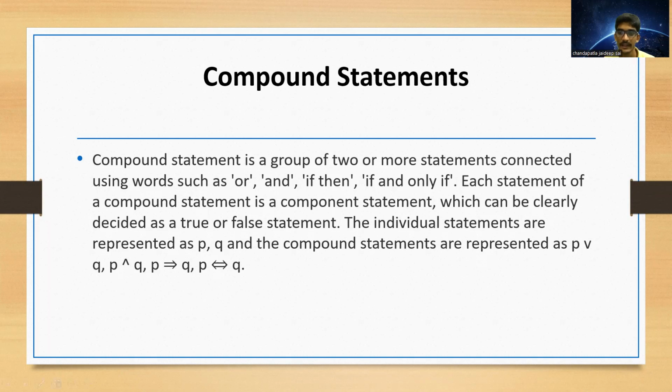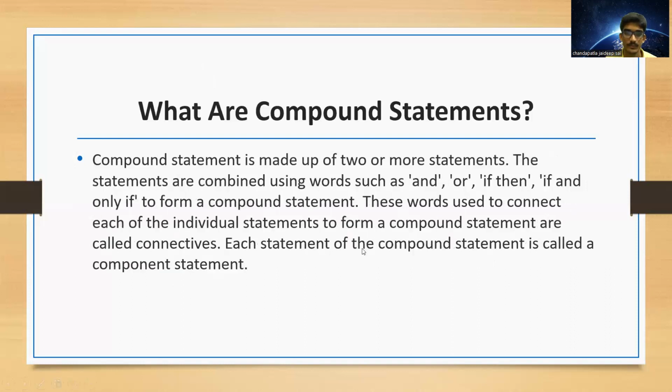Here we have examples of compound statements: P or Q, P and Q, P implies Q, P if and only if Q. The symbols we can write directly: this is the or symbol, this is the and symbol, this is the if then symbol, and this is the if and only if symbol.